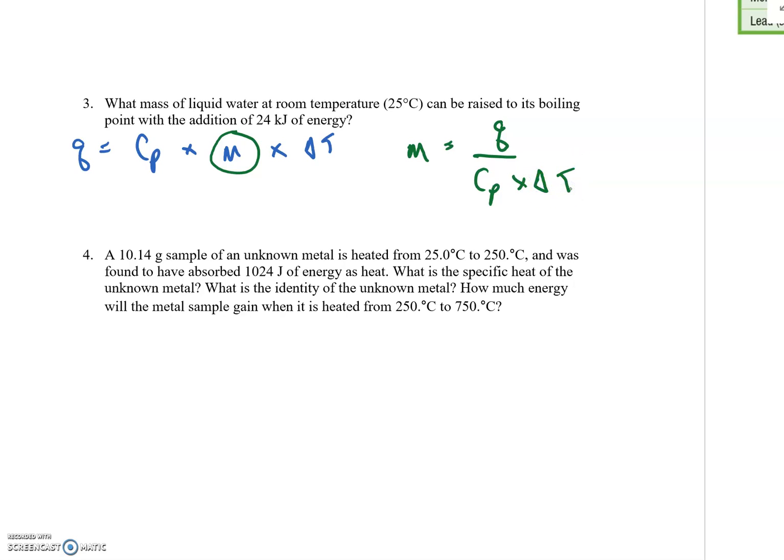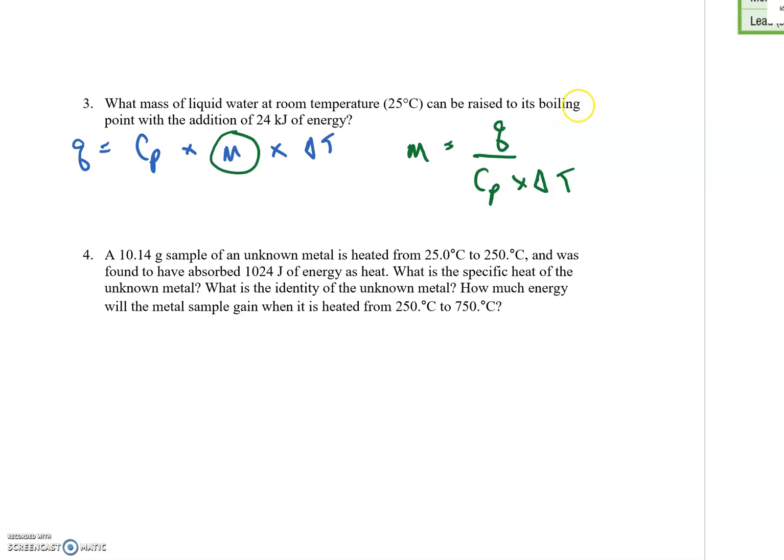So this problem is asking for the mass of liquid water at room temperature, 25 degrees Celsius. Remember that temperature doesn't need to be in kelvins, it can be in Celsius. It's the delta T that we're looking for. So what mass of liquid water at room temperature, 25 degrees Celsius, can be raised to its boiling point with the addition of 24 kilojoules of energy?